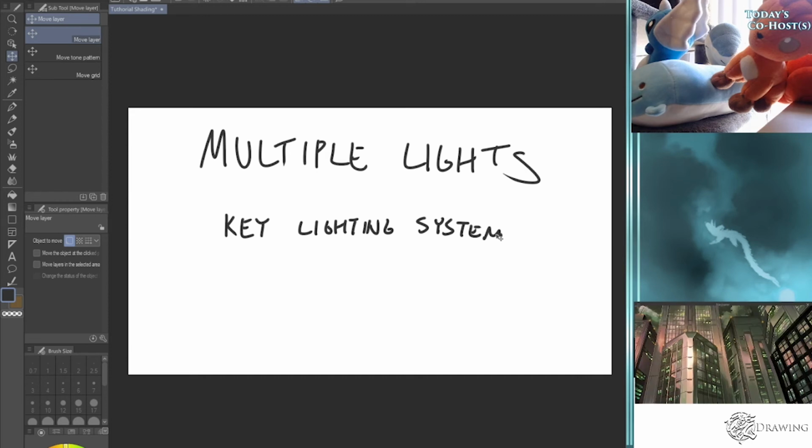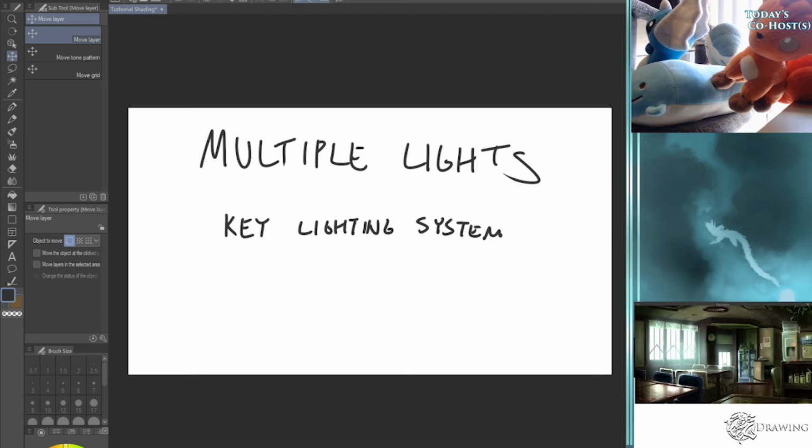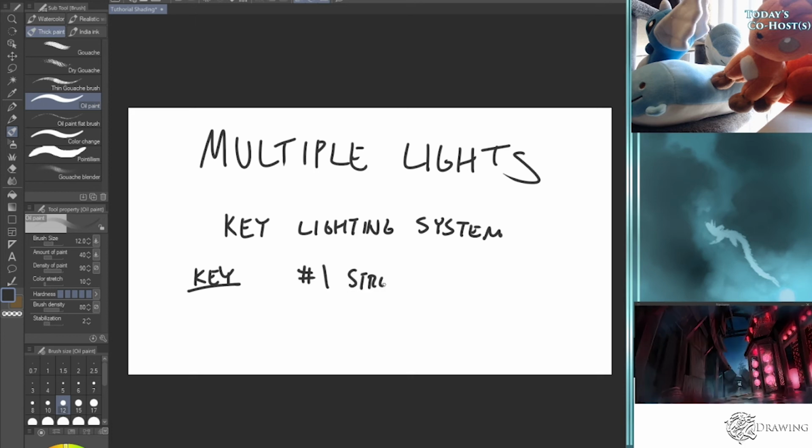Which do you think is stronger, your window or your lamp? Window, for sure. The strongest light is called the key. Key is the number 1 strongest light.